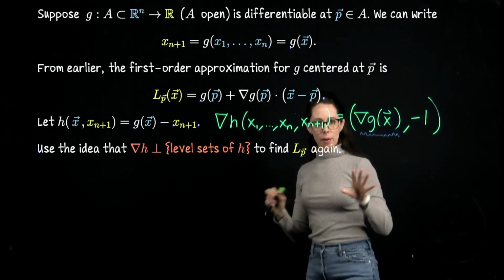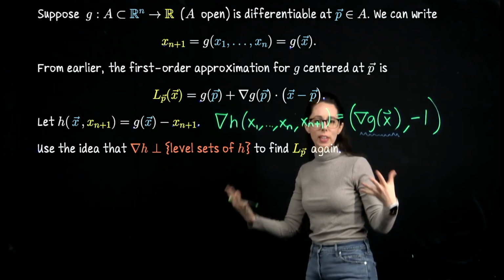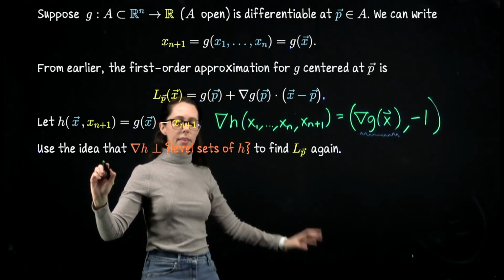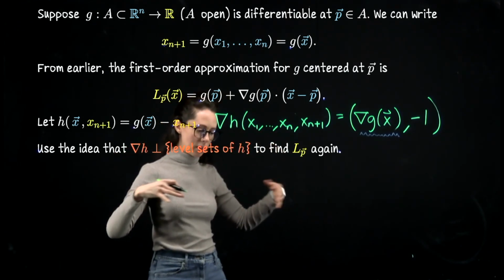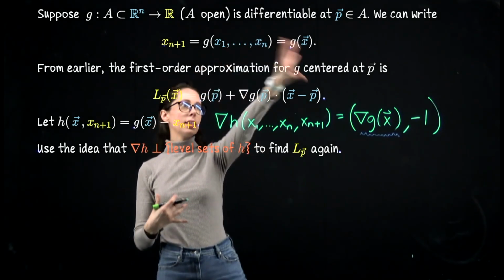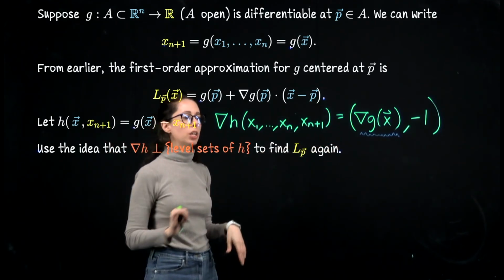Using the vector form for a tangent plane, it works for tangent planes, but it works in general for higher dimensional space. We're going to come up with this notion of a tangent space for the graph of this equation, which is really the graph of the level set h equals 0.